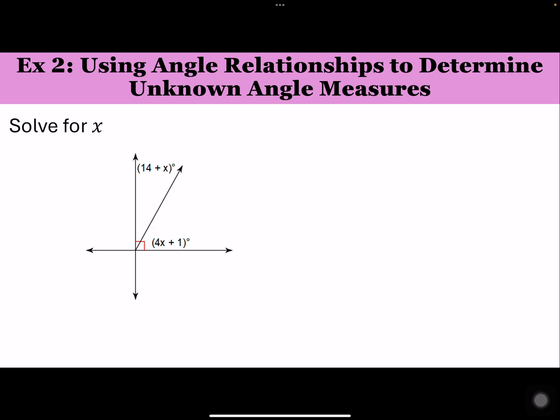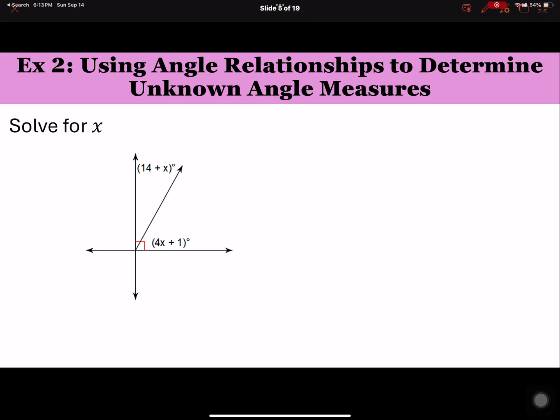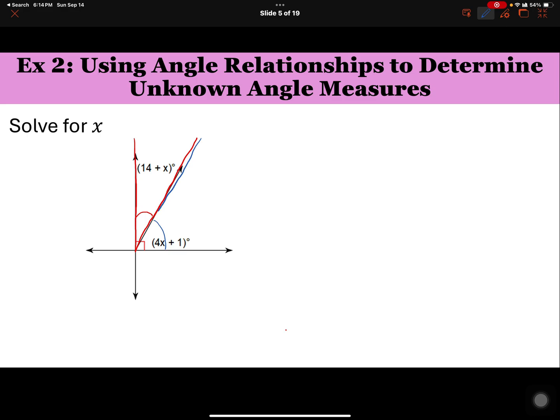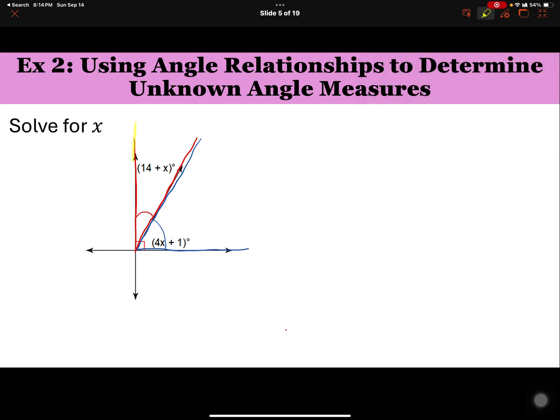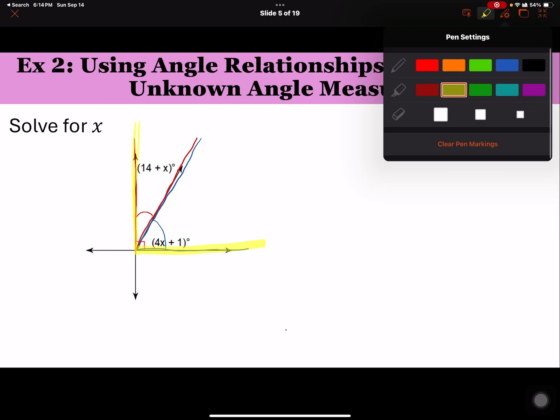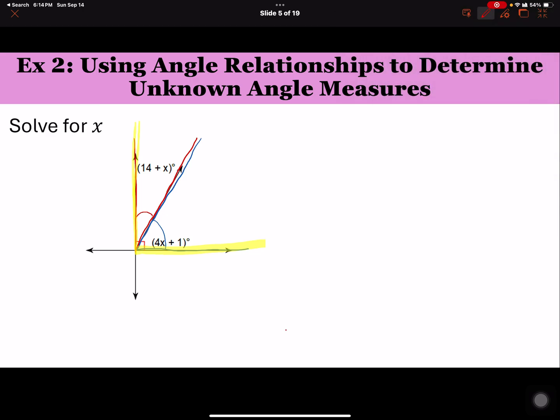How would you set up this equation? Remember to trace your angles. Here I have angle 14 plus x, so I'm going to trace my angle. And then I have angle 4x plus 1, and I'm going to trace my angle. When I trace my angle, notice that I end up making a right corner here. That means that my angles are going to be complementary, which means that they add up to 90 degrees.